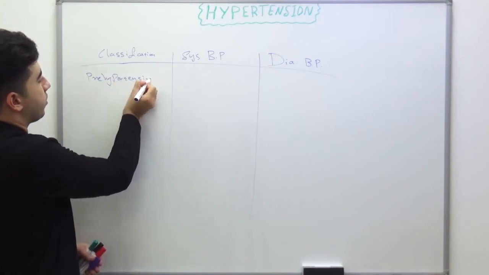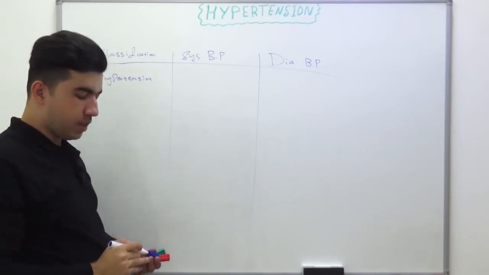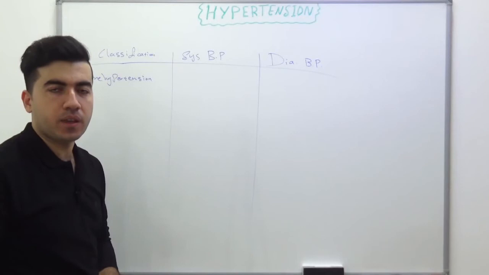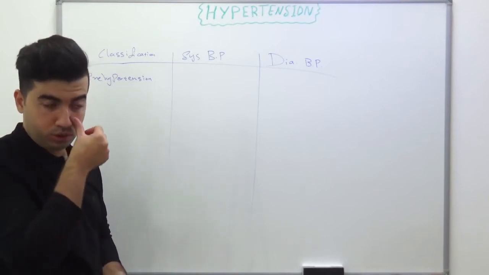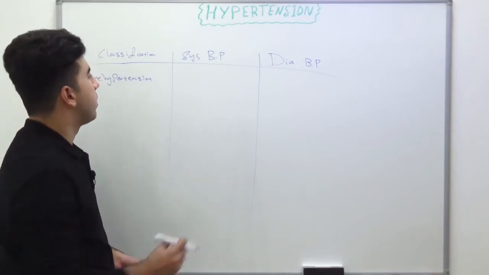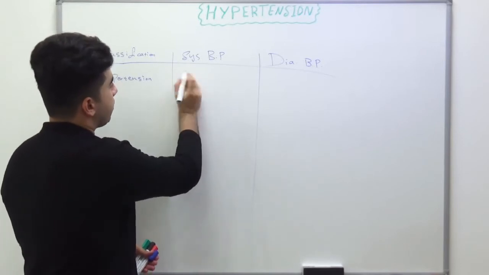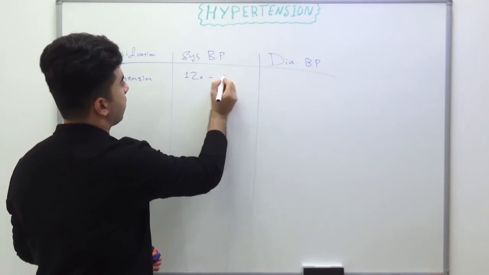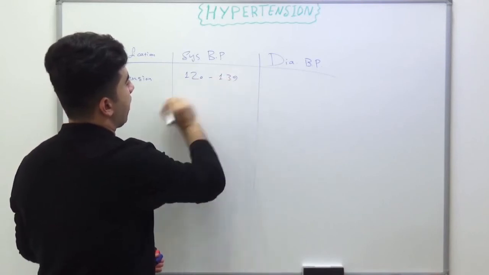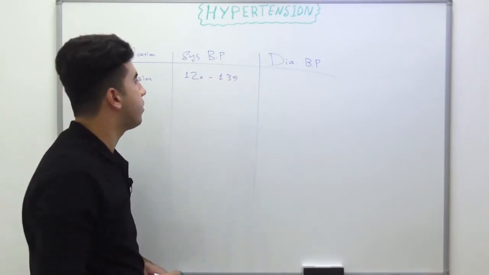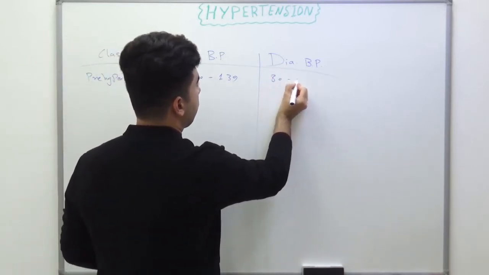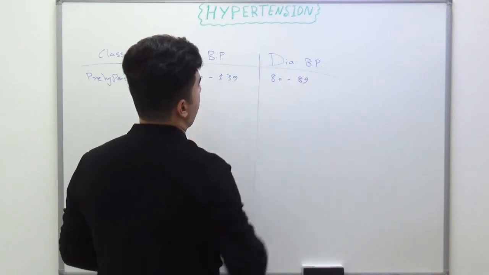What is prehypertension? In prehypertension, patients are still not regarded as hypertensive, but they are at higher risk than the general population to develop hypertension. The systolic value in prehypertension is between 120 and 139, of course all values in millimeters of mercury, and the diastolic value is between 80 and 89.